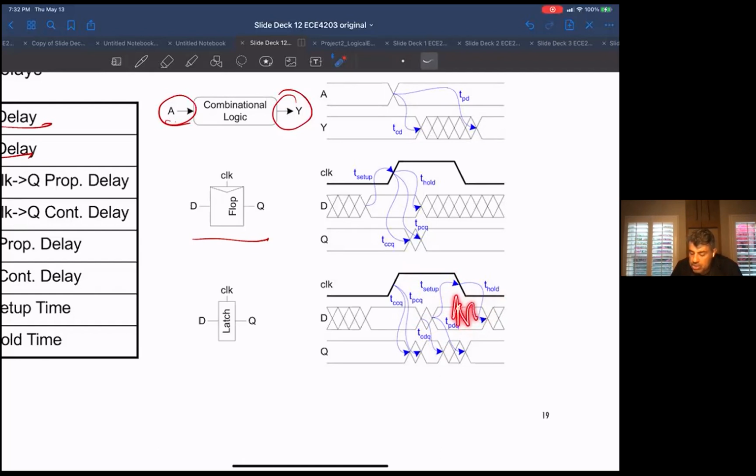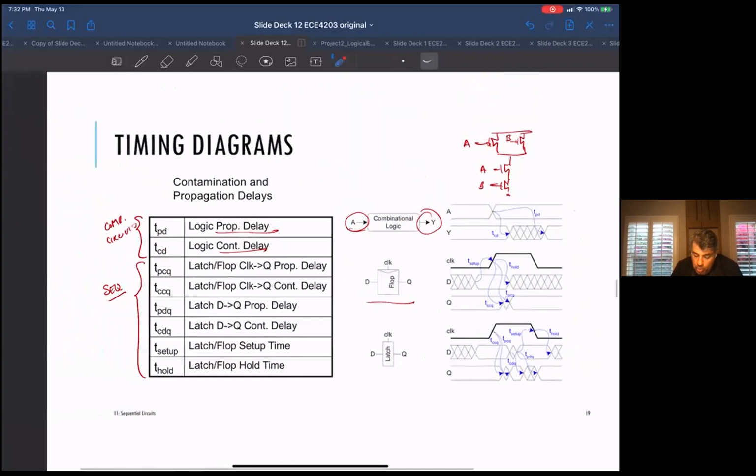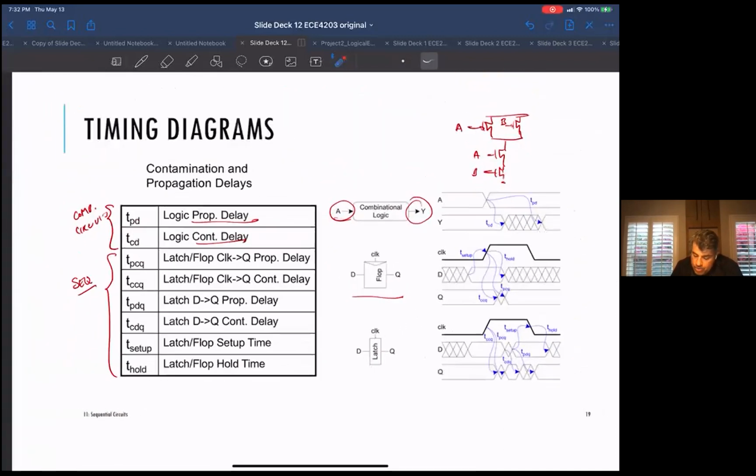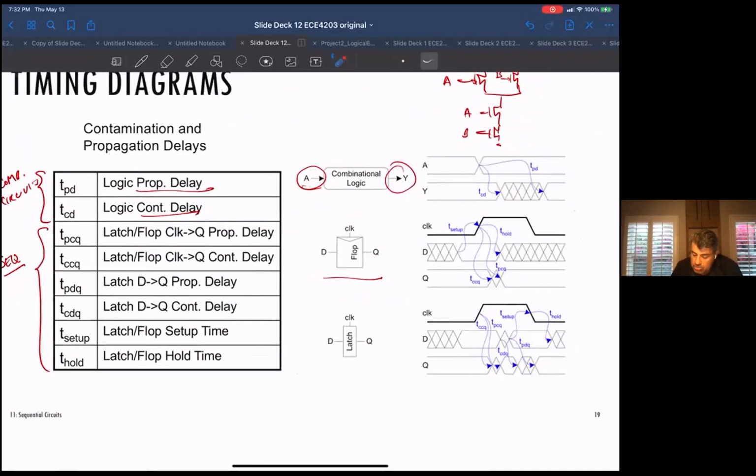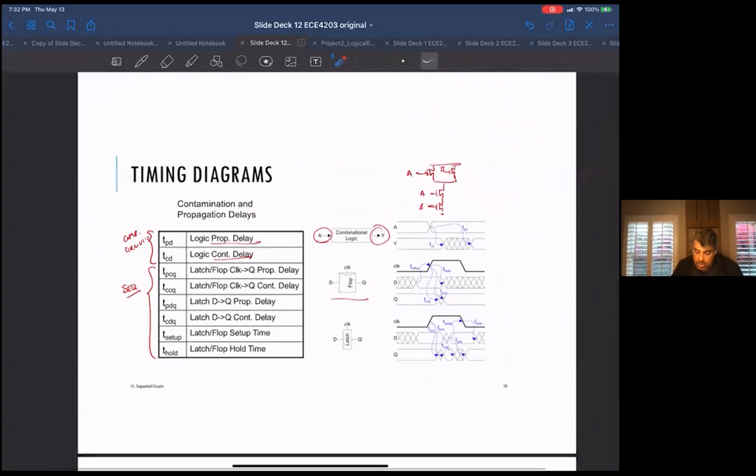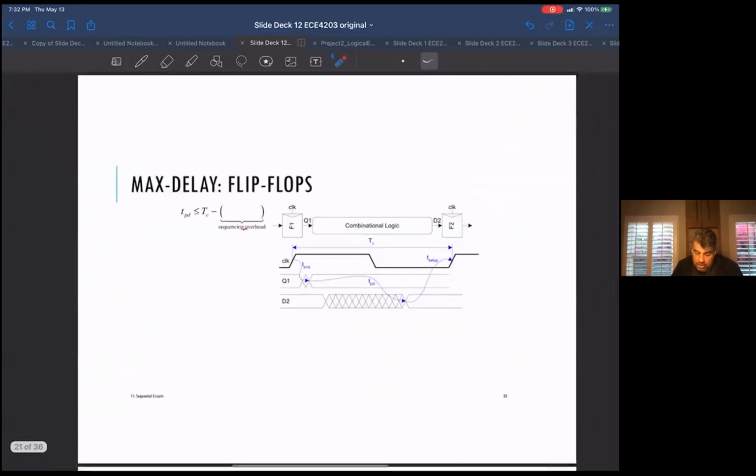Again, if data is changing around here, there's a chance that unintentionally it'll get through your latch before it fully closes. So there are more timing definitions in a latch because you have this data to Q delay as well as the clock to Q delays. Okay, so those are the definitions.